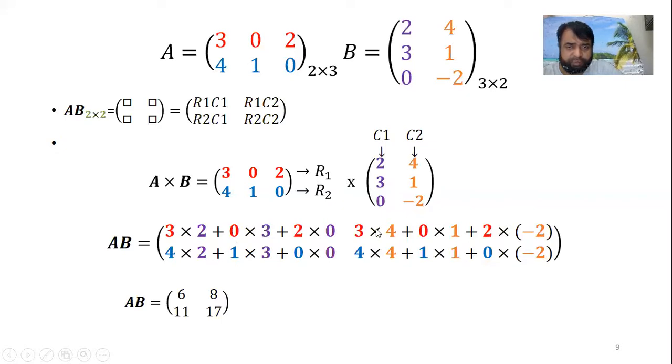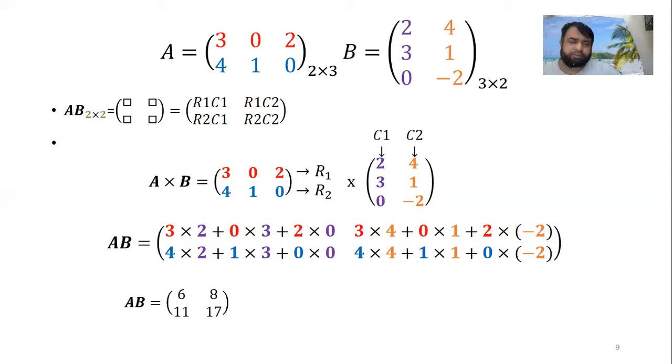Then add the product of 0 and 1, then add the product of 2 and -2. That means you multiply the first elements, then add the product of the second elements, then add the product of the third elements of the row and column.